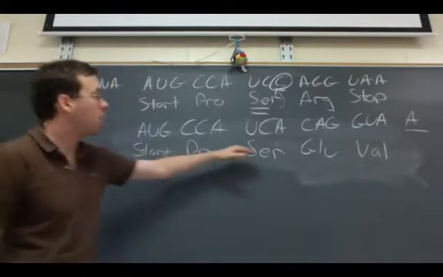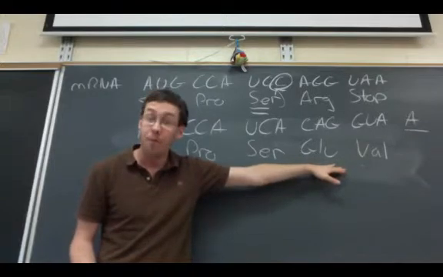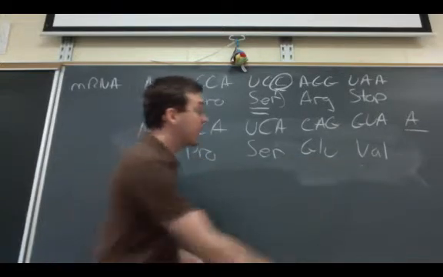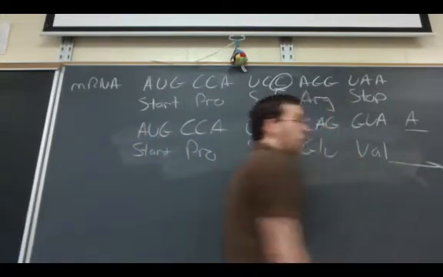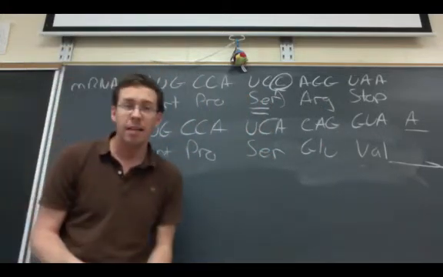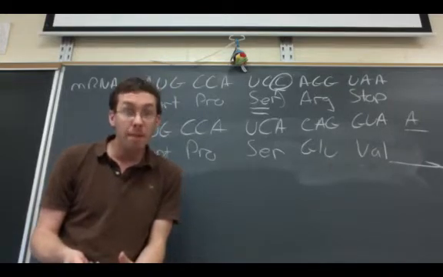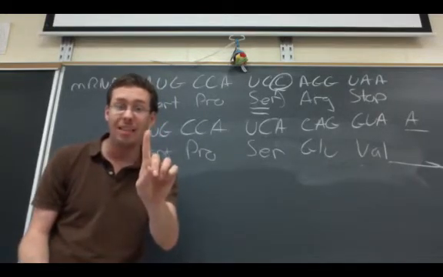Frameshift mutations cause every single amino acid after that mutation to be different. All right, if this continued for 100 amino acids, odds are most of those are going to be different. Now that is a significant impact compared to a point mutation where only one amino acid is altered.